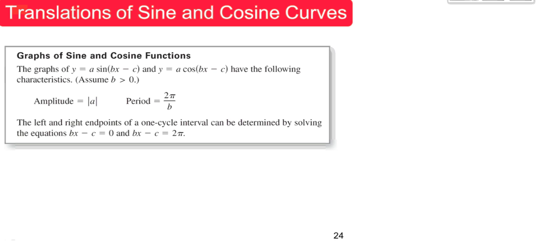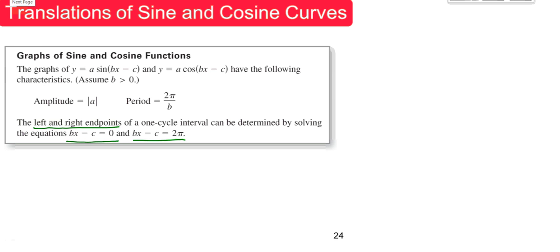Assume that b is greater than 0, and the amplitude is the absolute value of a. The period is 2 pi over b, and we've had those already, but the left and right endpoints can be determined by solving the equations bx minus c equals 0 and bx minus c equals 2 pi. And we'll be doing that as we go through these problems.